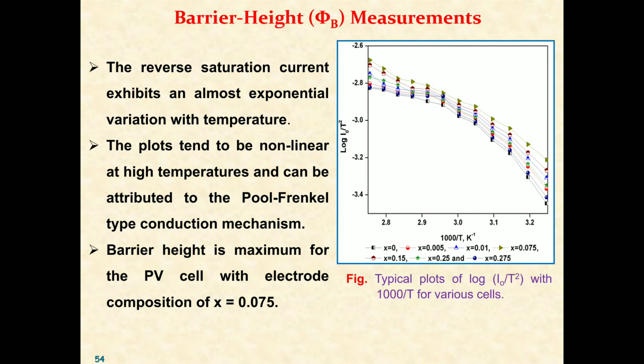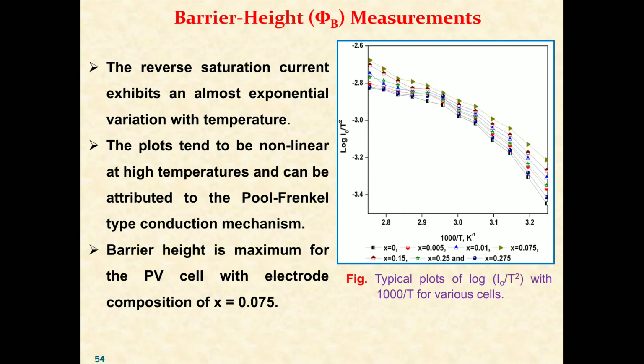The plots tend to be non-linear at high temperature and can be attributed to the Poole-Frenkel type conduction mechanism. The barrier height is maximum for the PV cell with electrode composition of x equal to 0.075.